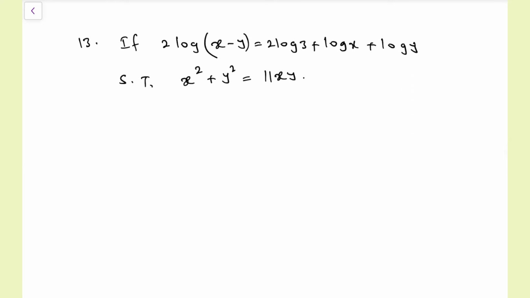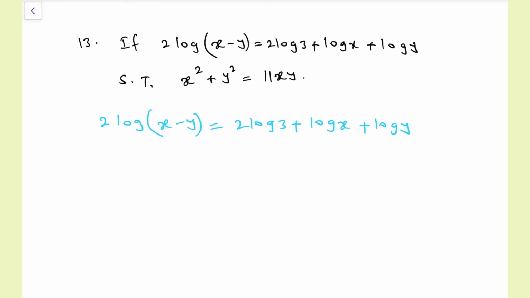Question number 13. If 2 log of x minus y equals 2 log 3 plus log x plus log y, then show that x square plus y square equals 11xy. So the given statement is 2 log of x minus y equals 2 log 3 plus log x plus log y.